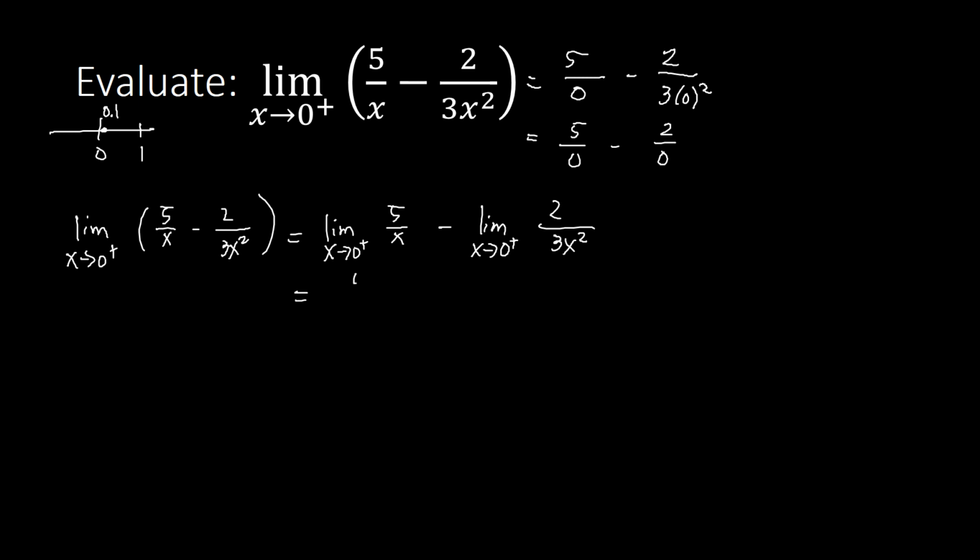So we have 5 over 0.1, and then minus 2 over 3 times 0.1 squared. Now notice here that we have a positive. That means this is positive infinity minus a positive infinity, and that will be a positive infinity.